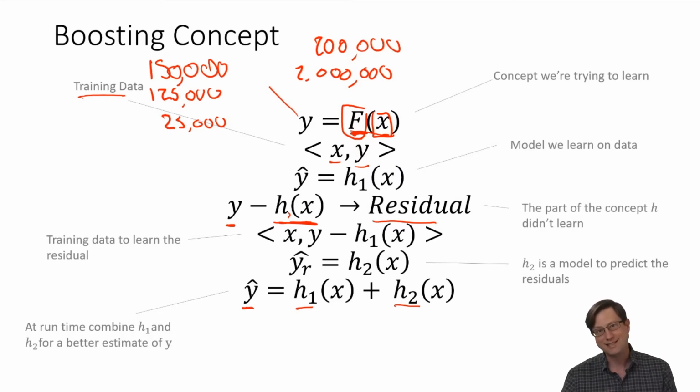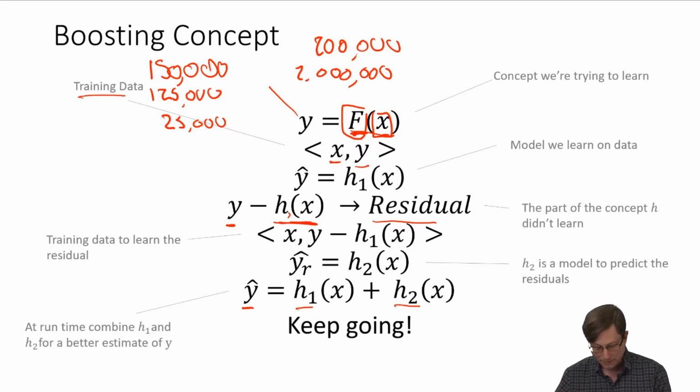Because now you have a second model trying to learn the parts of the concept that the first model was unable to get to. Now you could keep going. I did 2 here. You could do K, just like we were talking about in the bagging case. You could do as many as you want, as long as you look out for overfitting. Because let's say H1 learned every house correctly except for the 5,000 that had crazy noise or corrupted data.